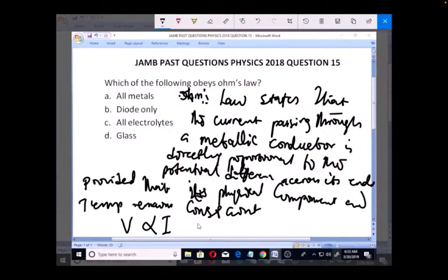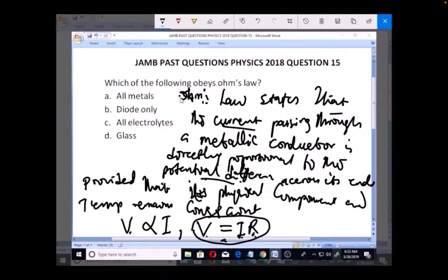And when you remove the proportionality sign, you now put equal to, you introduce a constant, and that constant is known as resistance. And you can use this equation to calculate the current, resistance, or potential difference for a conductor.